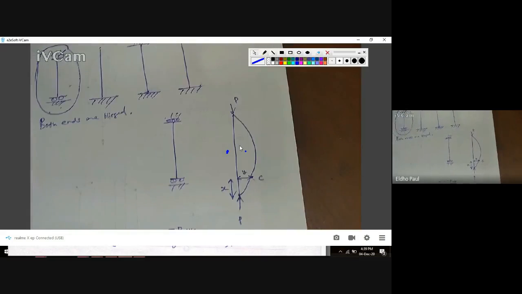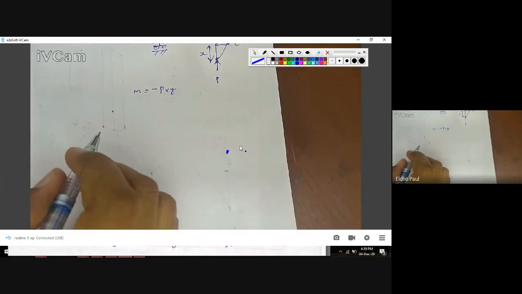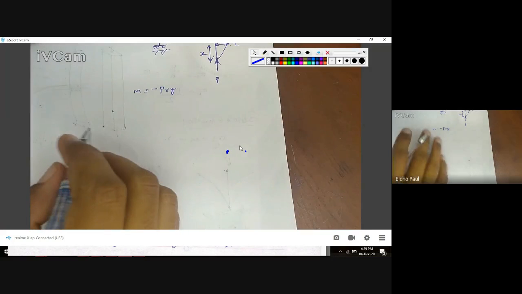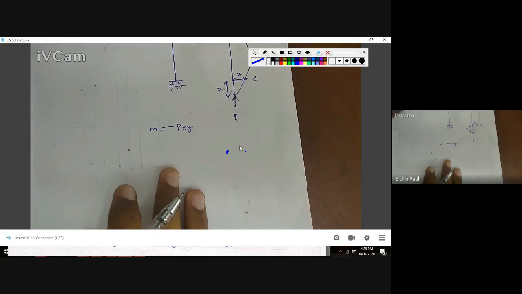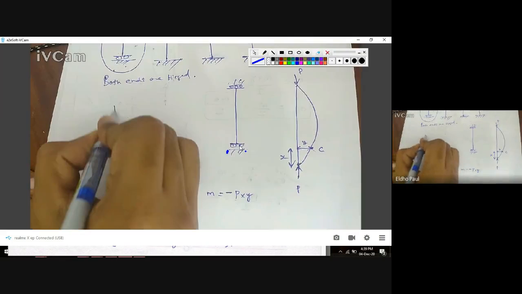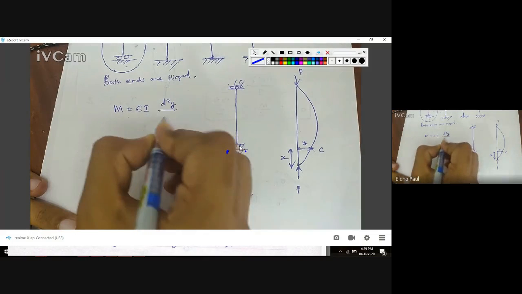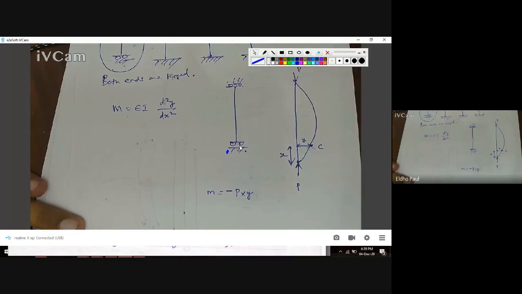Okay, minus Py. Have you started the module called deflection? Did you study the equation M is equal to EI into d square y by dx square? So this is the equation of deflection.